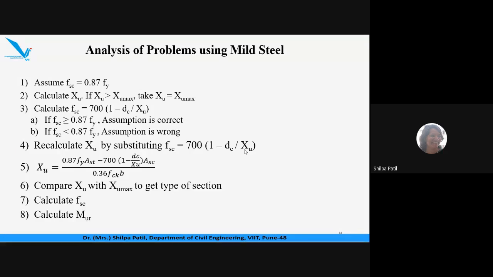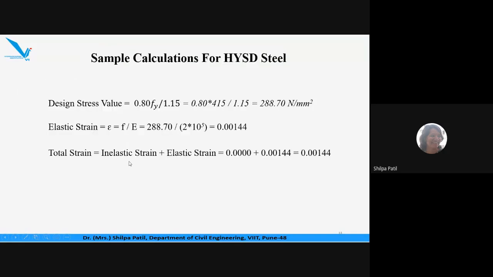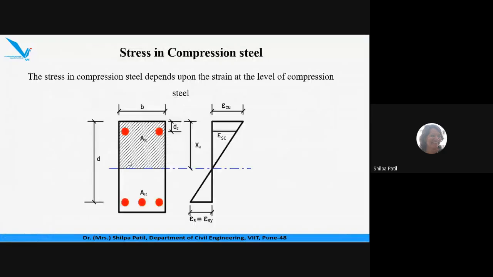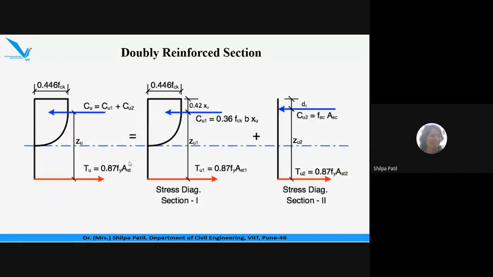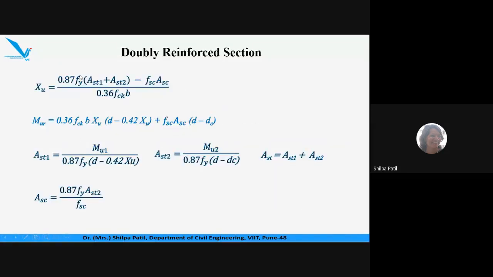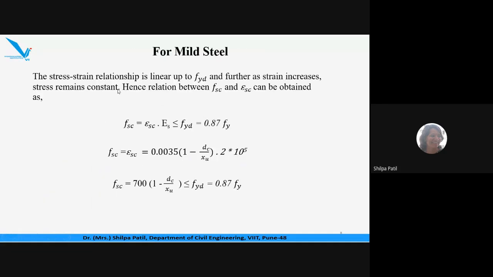If you consider the xu formula, there is one term called fsc, and I have substituted the fsc value by this equation. But if I go back to the equations we wrote earlier, in the equation for xu the term fsc is present, and in the equation of fsc itself, again the term xu is present.